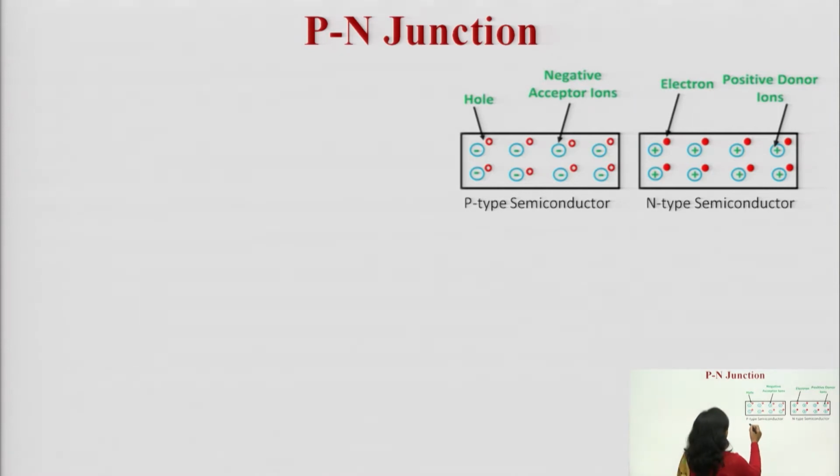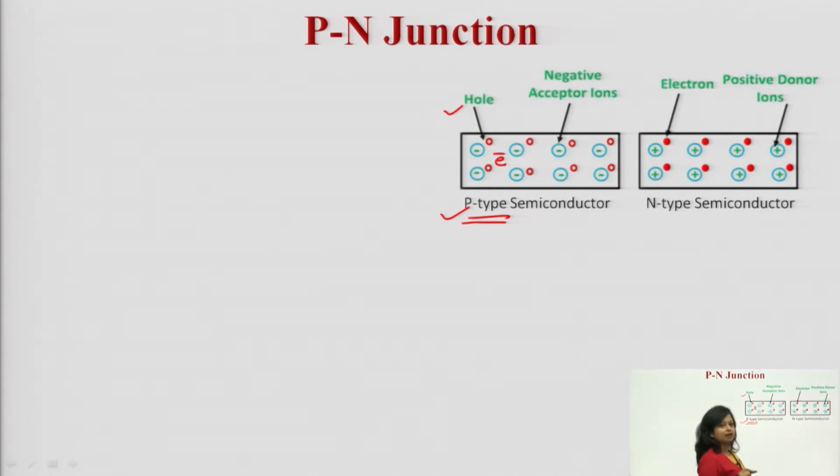If we talk about the P-type semiconductor, it means you have a pure semiconductor and a trivalent impurity is added, then a P-type semiconductor is formed. Trivalent impurities have 3 valence electrons. In P-type semiconductors, the majority charge carriers are holes, and electrons are in the minority.